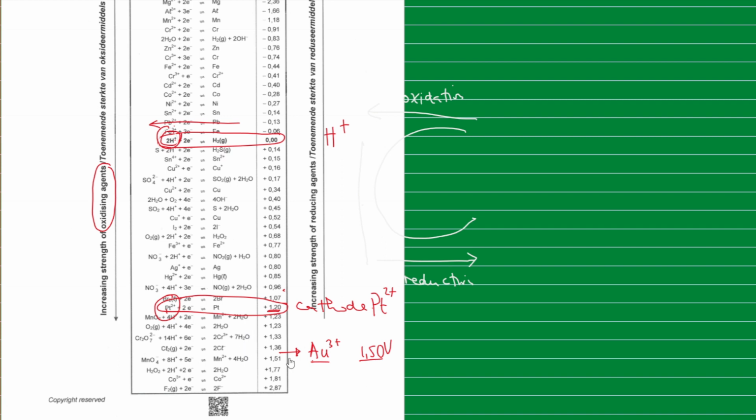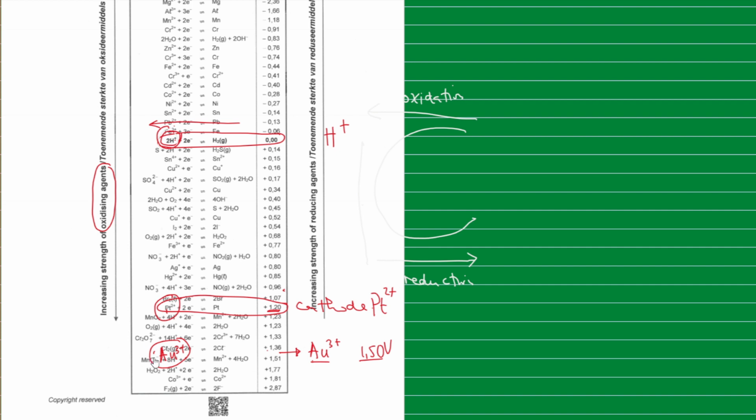Now when we use the gold, it will be somewhere here, which is, remember, it was 1,50, so it's somewhere between 1,51 and 1,36. So it means when we use the gold, we got a greater EMF. So it means here we must have an Au3 plus, which itself is also greater than Pt2 plus, platinum ions.